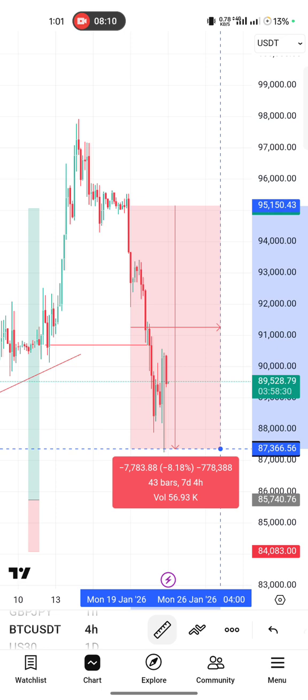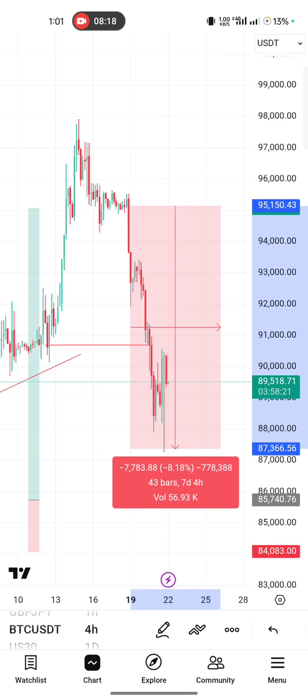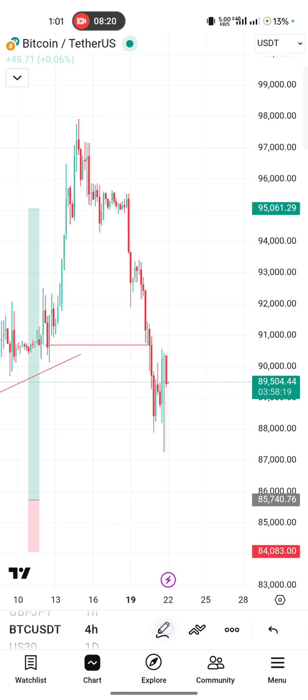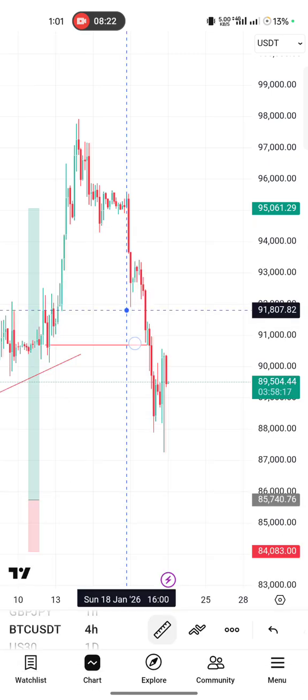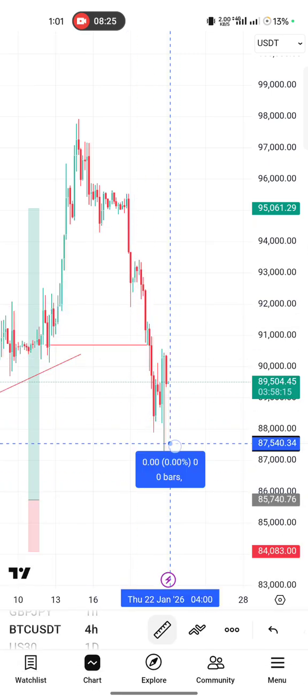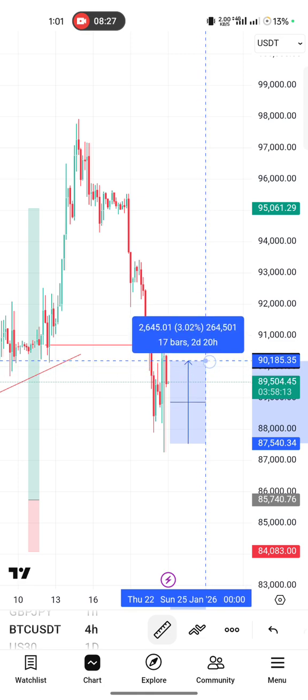So this one, you don't need to stress yourself. The market dropped 8.18%. Let's assume we want to measure our pump from here to the current price.